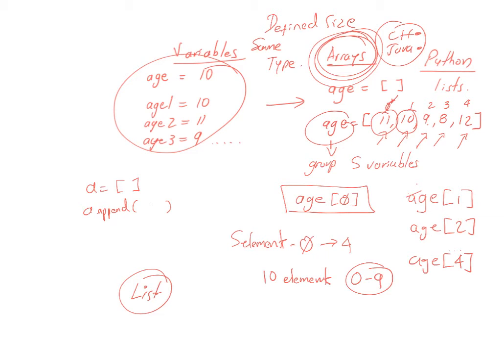So let's say that I append 2. That means that A is going to be now an array with an element which has a 2 inside of it. If I append 4, then I'm going to have now my array of 2, 4.